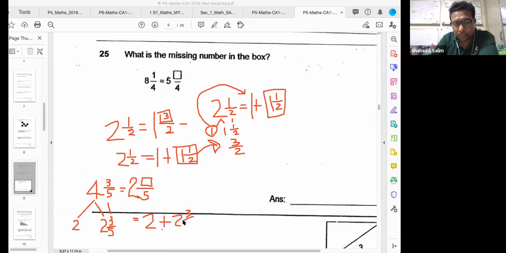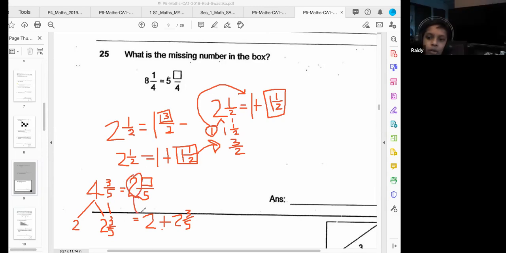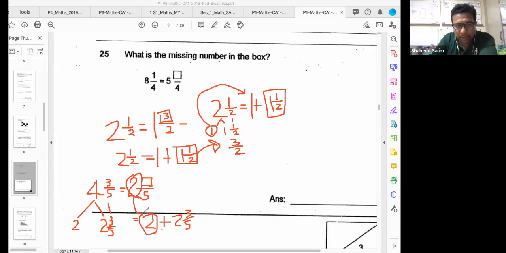Can you see now? You see 2 and 3/5. I cannot write down here. Now down here, can you see it's equals to 2 and 3/5. So you can see 2 whole. This 2 whole is here. So it needs another 2 and 3/5 to make it the same.